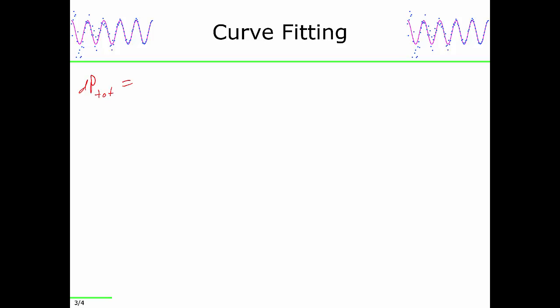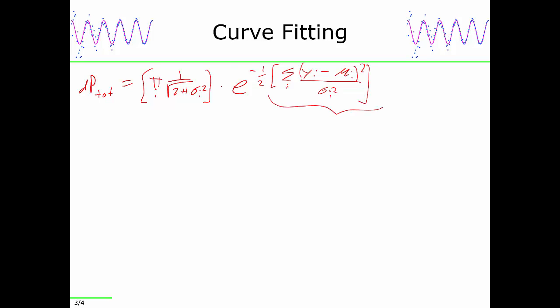That's going to be the product term that's still there times e to the negative 1/2 summation over i of yi minus mu i squared over sigma i squared. And this, inside the brackets, we call chi-squared.